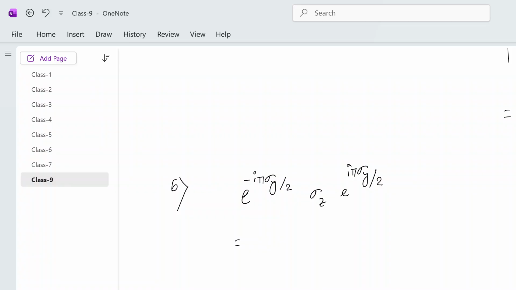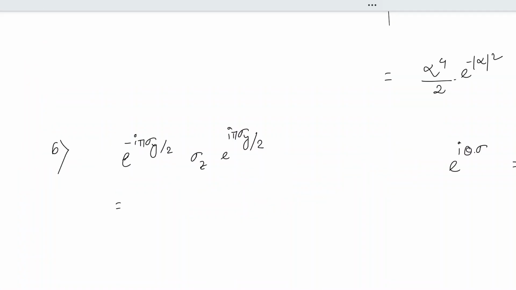Here we'll be using the property of the Pauli matrices, and as I said, this is how we can represent it, as the dot product of sigma dot n. Now to utilize the property of Pauli matrices, you know that they have this form: sigma i sigma j is equal to delta ij times the identity matrix I, plus I epsilon ijk.